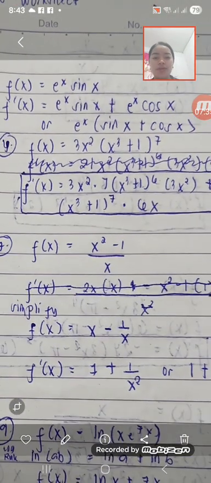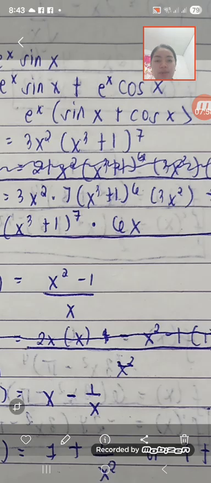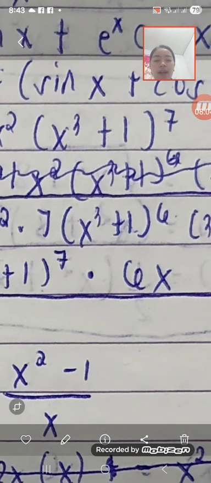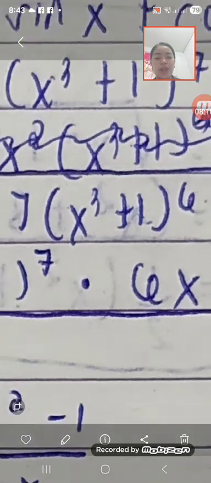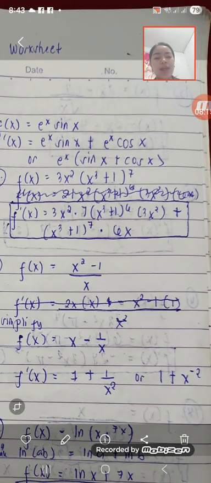Next one, number 4. This is a little bit different. So for our f(x), we have here 3x squared times (x^3 plus 1) raised to the power of 7. Now, using the chain rule, we just need to bring down the 7. So 3x squared times 7 and copy the inside function, and 7 minus 1 is equal to 6. Now, to differentiate x cubed plus 1, we come up with 3x squared plus, why do we need to plus this?